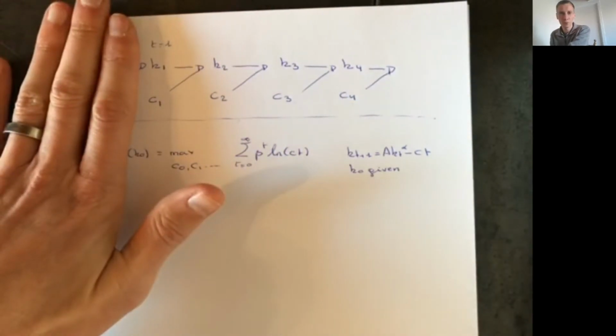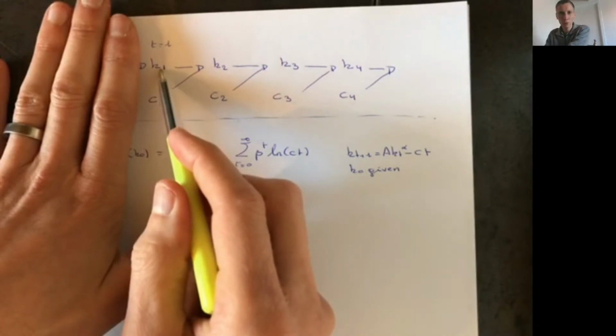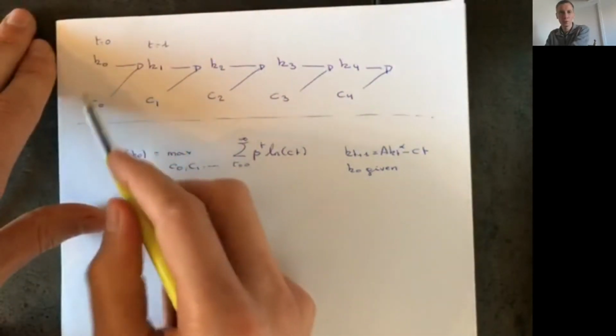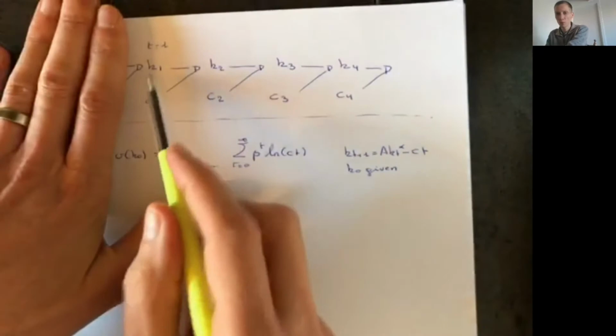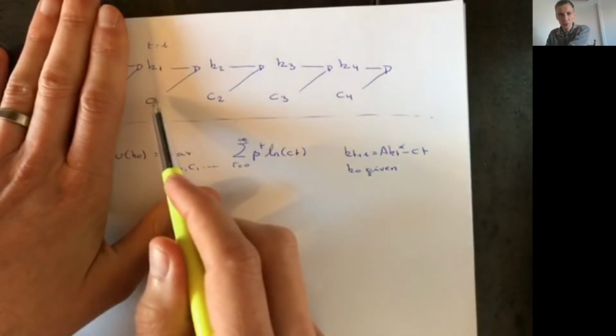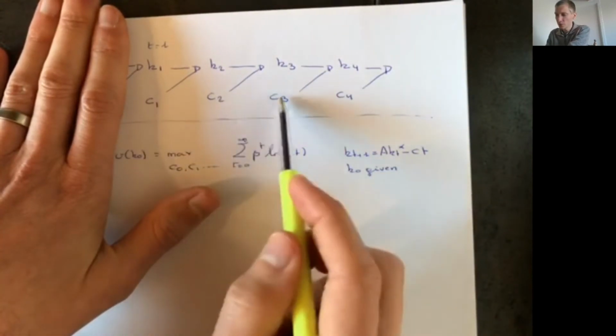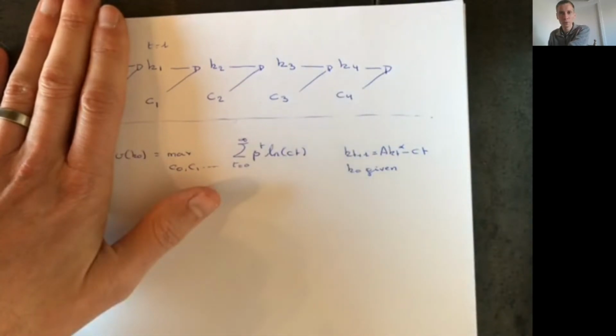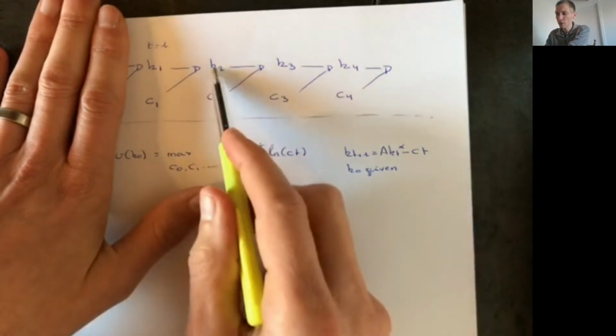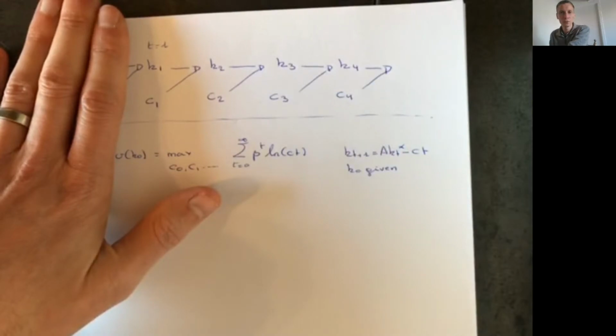So now we have this problem. What's this problem? Well, we know k1, because this is already determined, but this is in the past. So we know k1. So now the decision maker has to decide on c1, c2, c3, c4, and so on and so on. And this determines then k1, k2, k3, and so on.